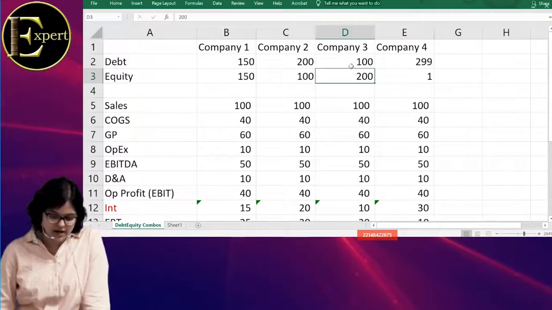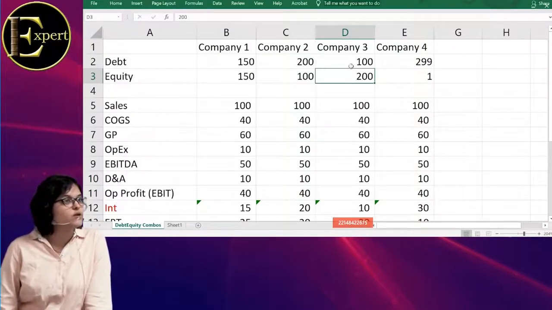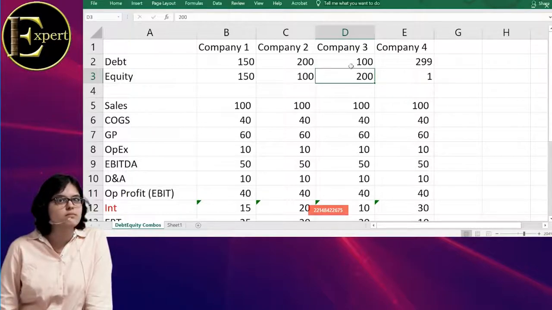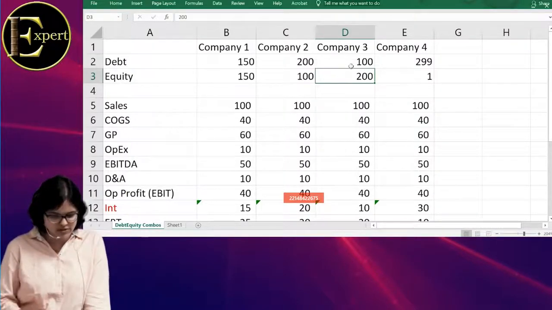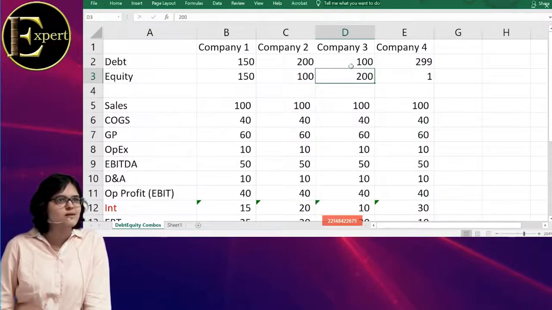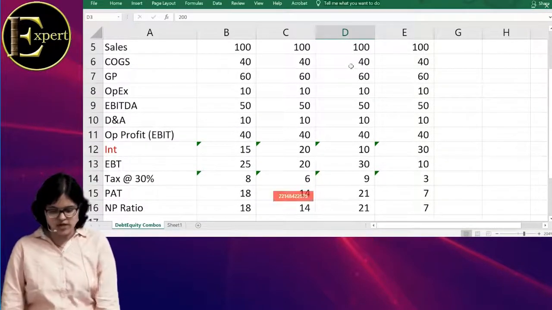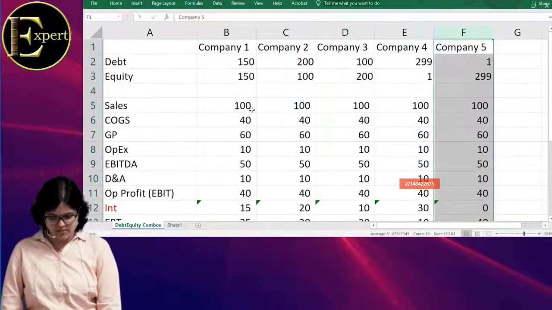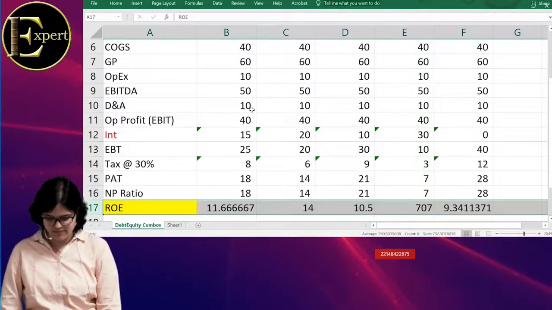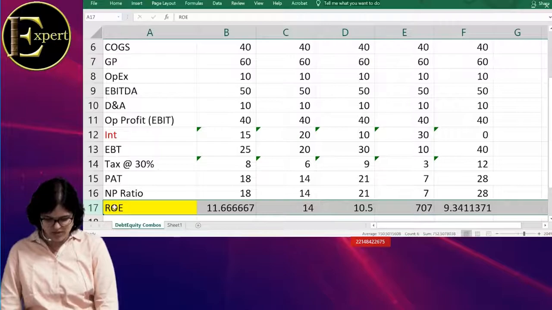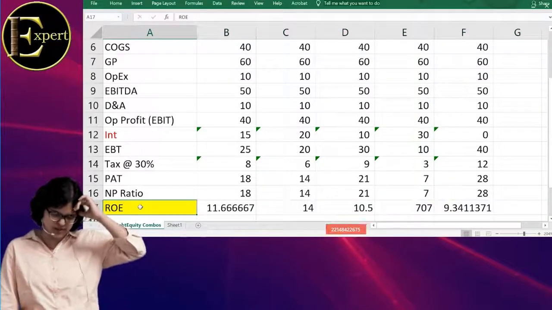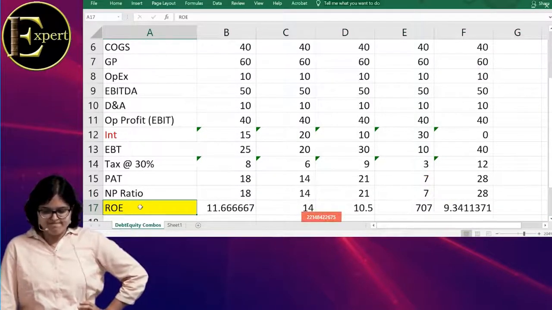Still good equity and lower debt. But again, what is the problem? Problem is, I have not considered dividend in this case, na? I have not declared dividend. Okay. Now, if you check, 1 minute. If you were to understand, मुझे return on equity भी बताना पड़ेगा आपको. Okay.